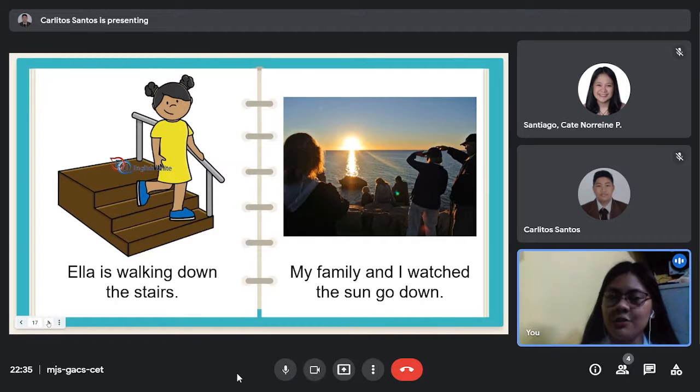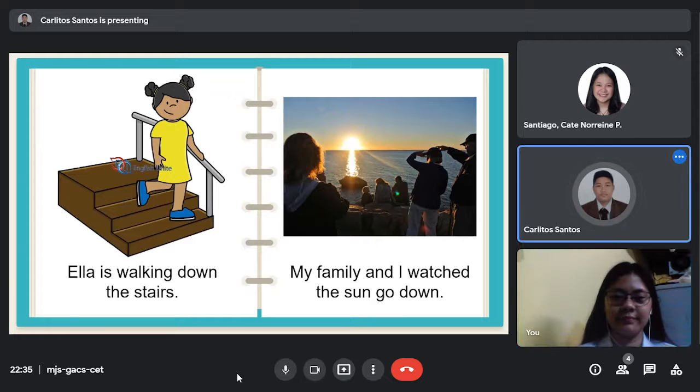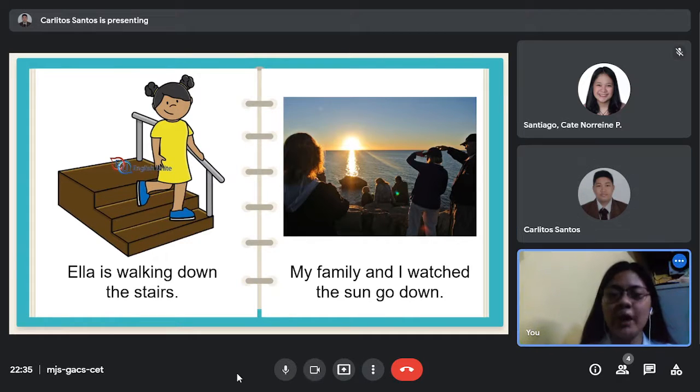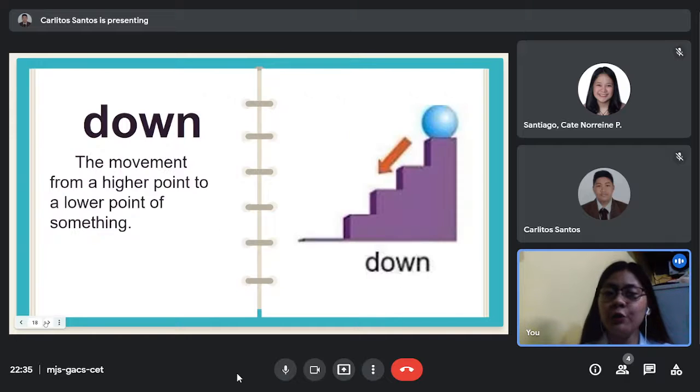Any volunteer? What did you observe from these two sentences, from these two pictures? May I, ma'am? Go ahead, Mr. Carlitos. Their common word is down. Thank you, and that is correct. The common word here is down. But let's see what is the meaning of down and how do we use it.